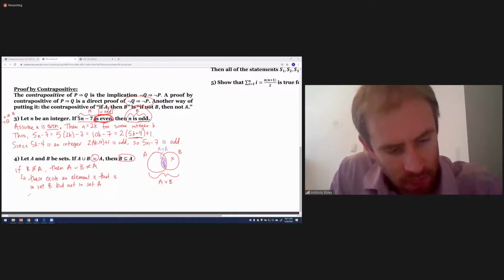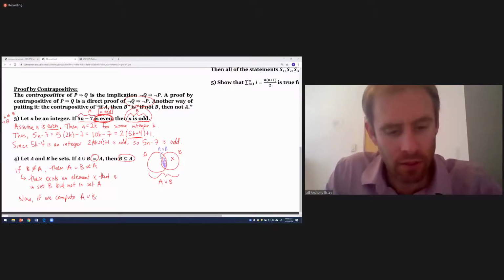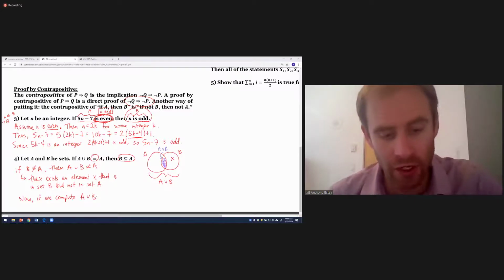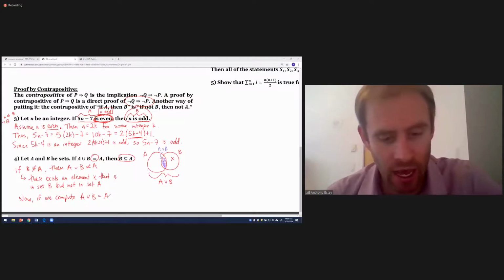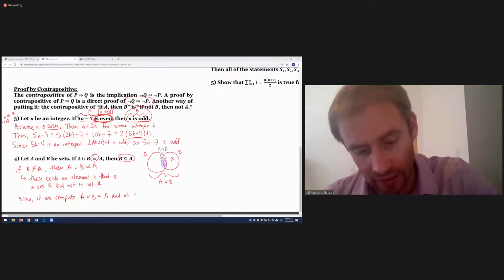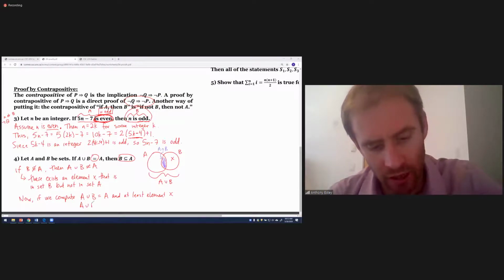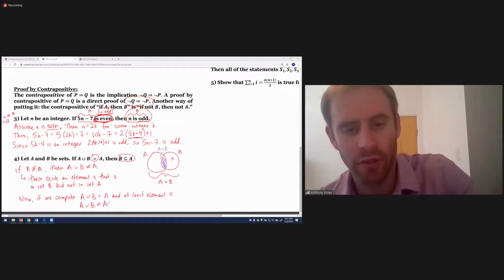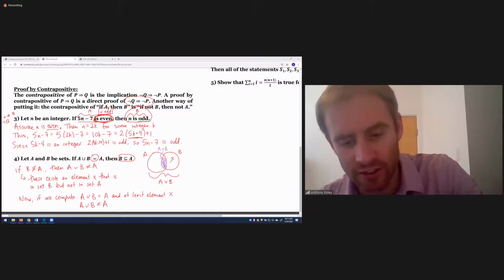Now if we compute this, what we'll see is that it is not going to be simply A, because it's going to be A and at least the element X. We've shown that if B is not a subset of A, there exists at least one element out here.